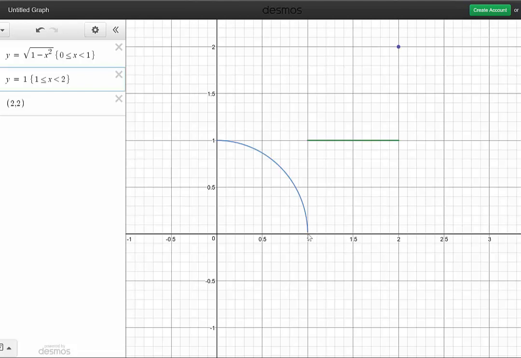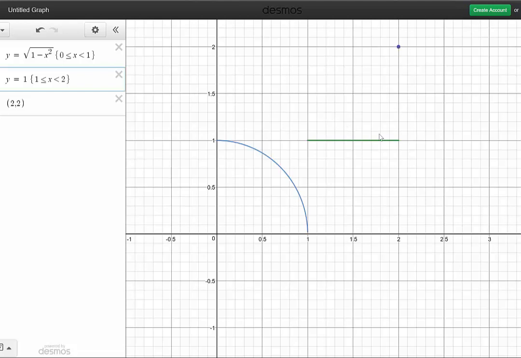Let's look at the limit at 0. The limit at 0 coming from the right-hand side is equal to 1, and coming from the left-hand side doesn't exist. So the limit at 0 does not exist. Now let's look at the limit as x approaches 2.